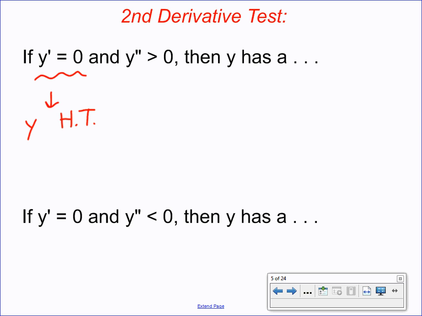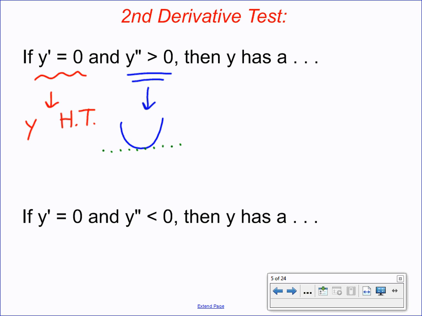And let's focus on the y double prime being positive portion. If y double prime is positive, what does that tell me about my original function y? Kyle? Concave up. Concave up. And so if we put these two things together, if y prime is 0, that's a horizontal tangent, and y double prime is positive, that's concave up, what feature must y have at x equals c? What feature must we have then?